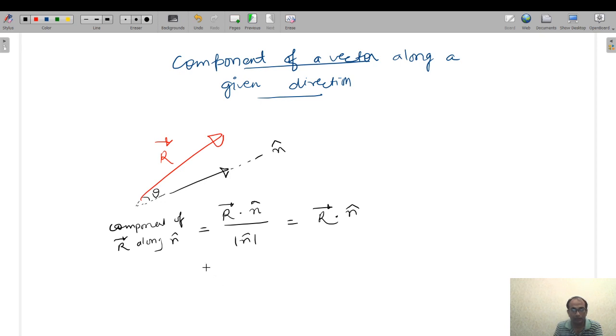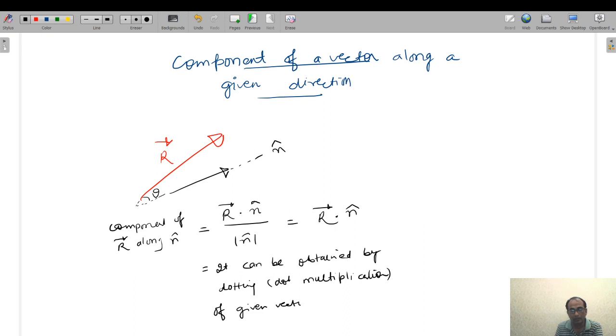So it can be obtained by dotting, means dot multiplication, of the given vector along a given direction.